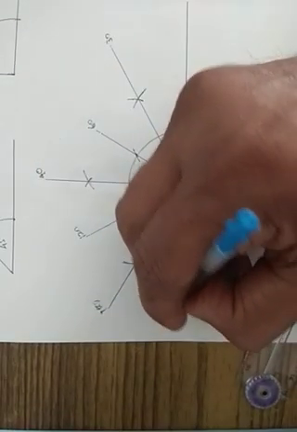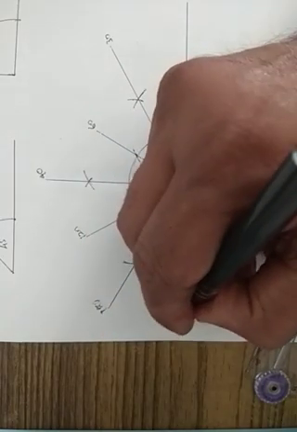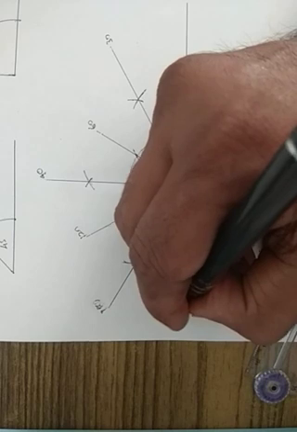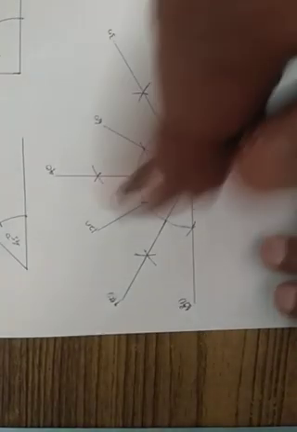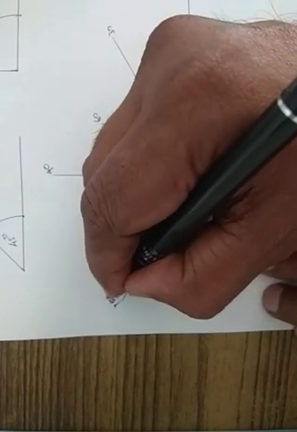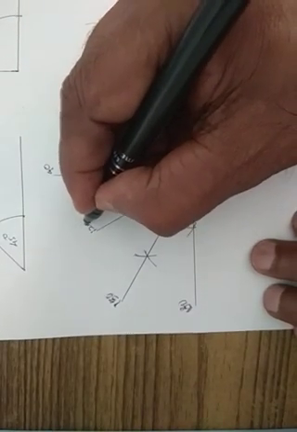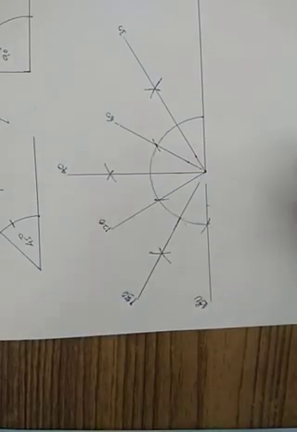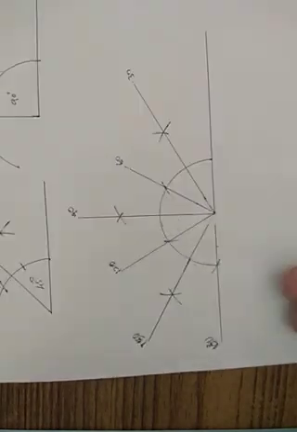Now this is your 180. Okay. So this is how much? 150. It is not working. Now this is your how much? 120. Now if you make it half once again, and so you can draw some more angles.